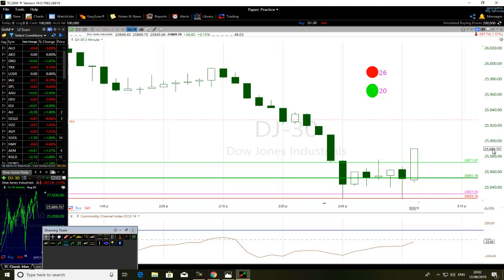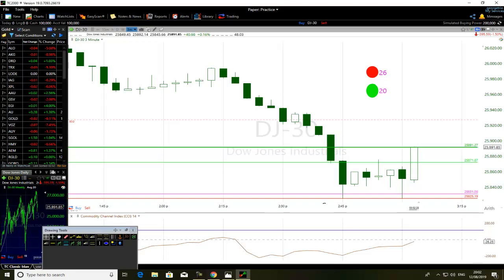You see, this trade is working beautifully. 37 pips. So I'm closing this trade right there at 25891. A profitable trade of 40 pips. Let's put it there.